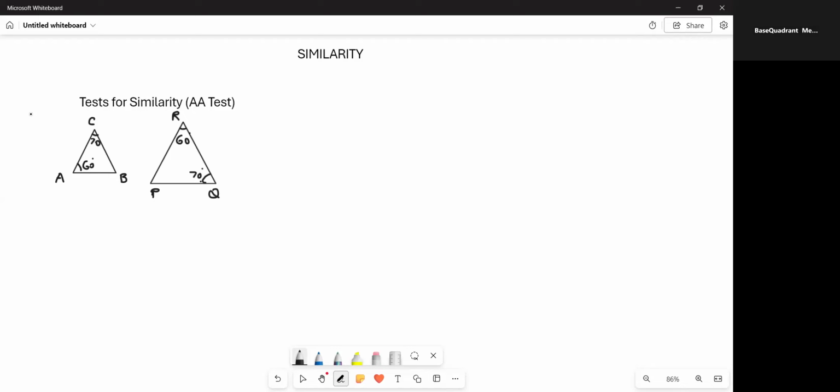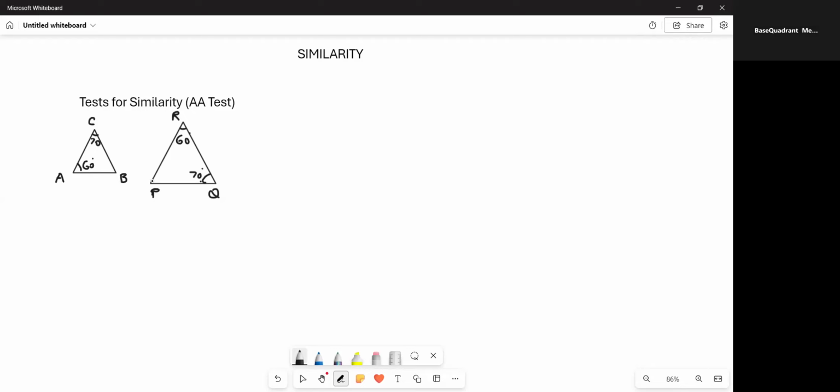Which means if one angle of the first triangle is congruent to one angle of the second triangle, and one more angle of the first triangle is congruent to one more angle of the second triangle, two pairs of angles are congruent, that means the triangles are similar.